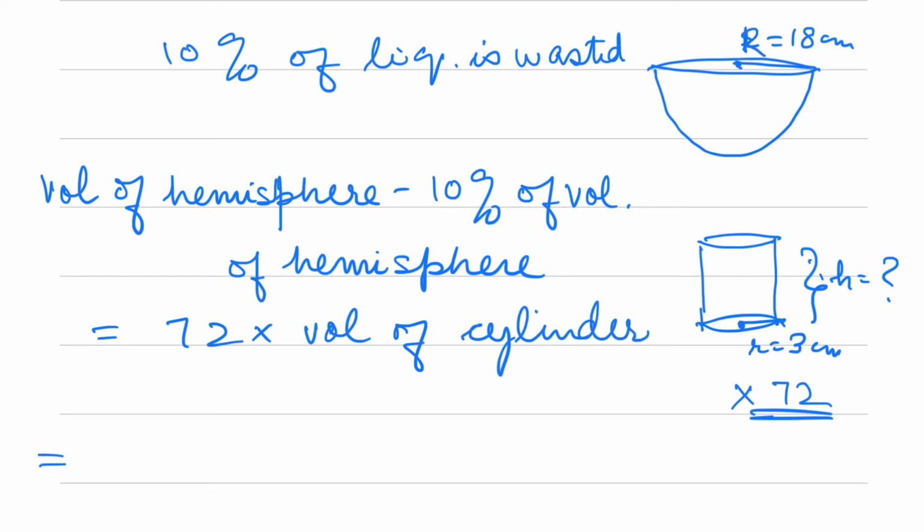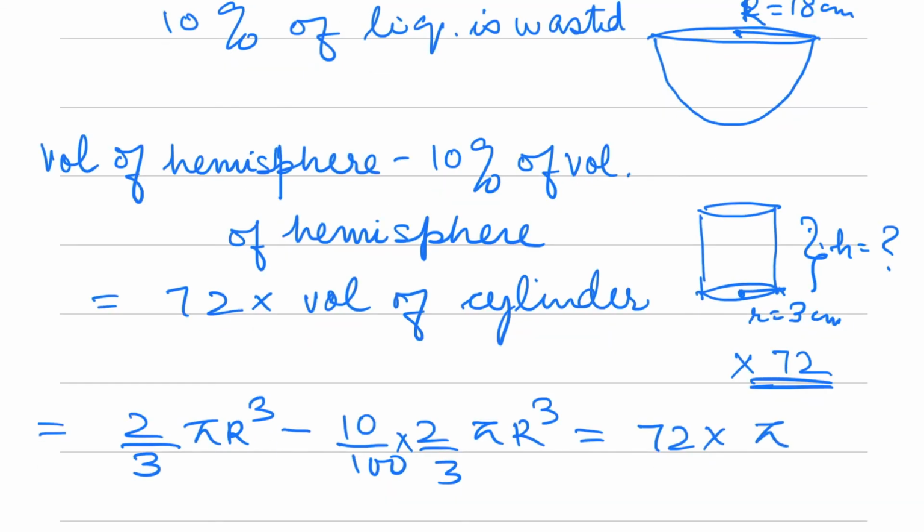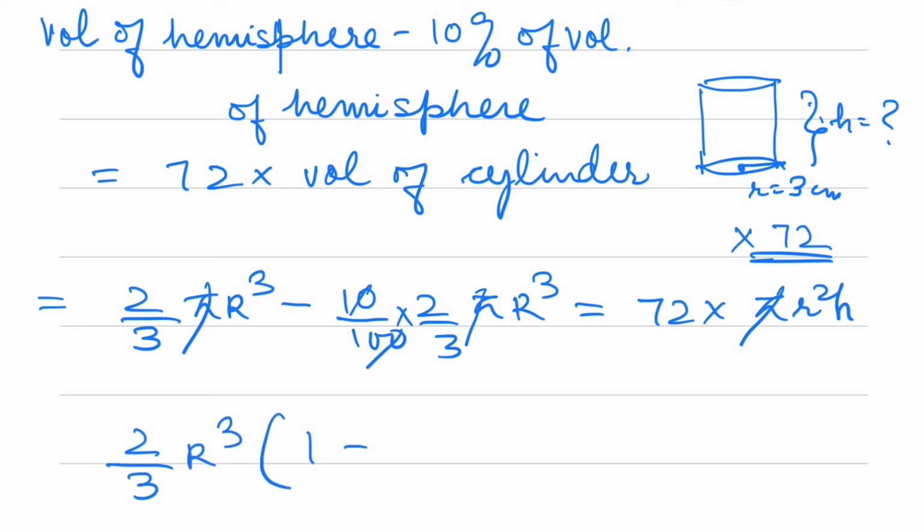So volume of hemisphere formula is 2 by 3 pi r cube minus 10% of 2 by 3 pi r cube is equal to 72 into pi r square h. Now according to this pi I can take common and it gets cancelled here. Now I can take 2 by 3 r cube common, 1 minus 1 by 10 is equal to 72 into r square h.